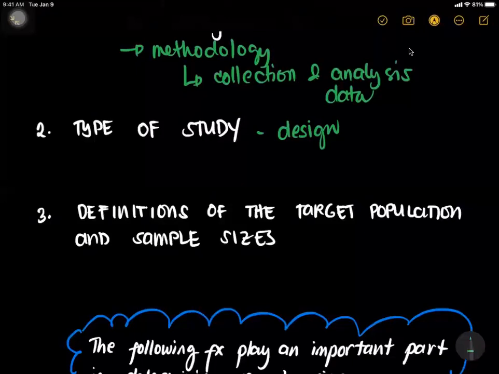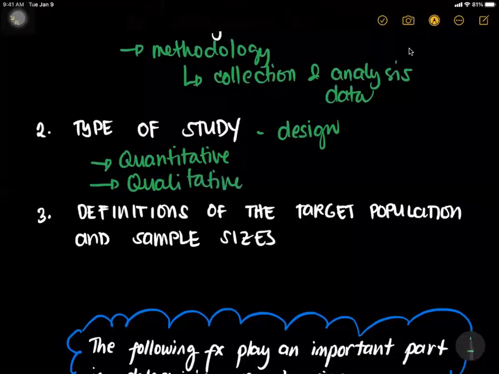And in your type of study as well, because we're talking about the research design, we also have to specify what kind of approach we are going to take. Are we going to conduct a quantitative study, or are we going to conduct a qualitative study?